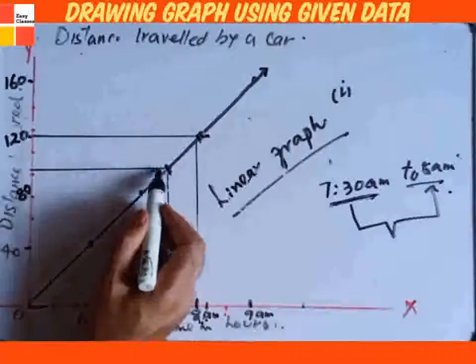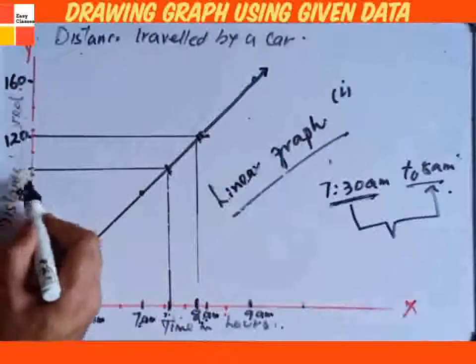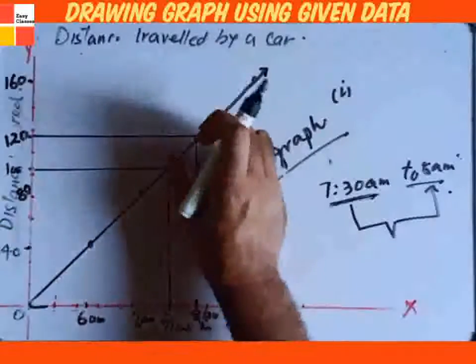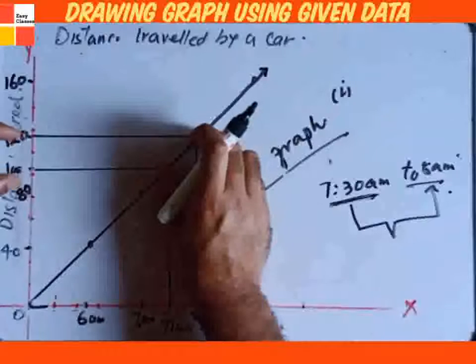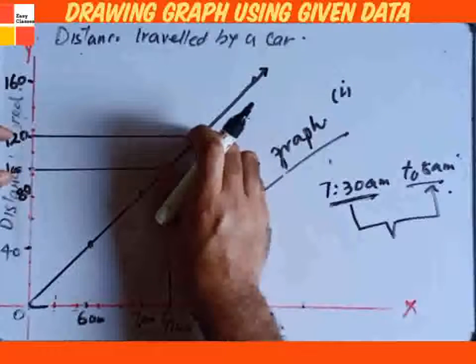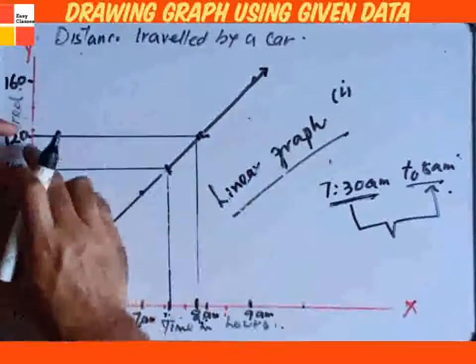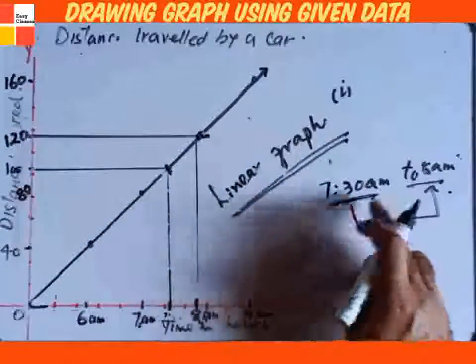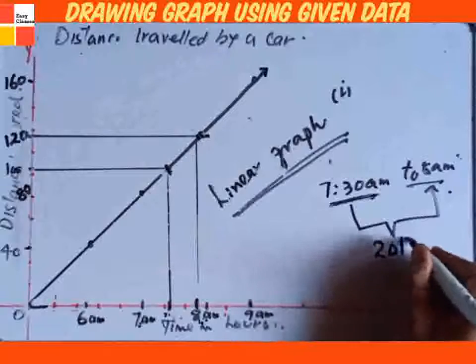This line corresponds to the point somewhere between 80 and 120, so it will be 100 here. And this distance corresponds to 100 kilometers to 120 kilometers. So the difference is 20 kilometers. The distance covered by the car between this time period is 20 kilometers.